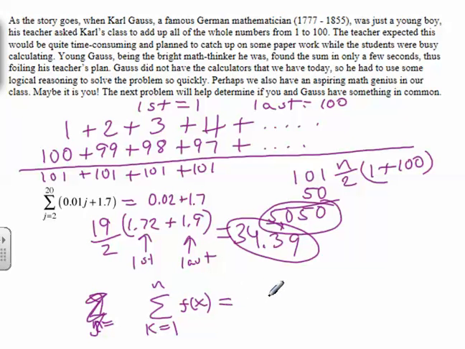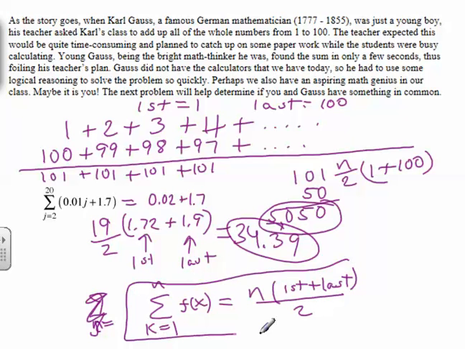It's always going to be the number of terms in the sequence n times our first plus our last divided by 2. And that's the formula for that. There's more formal ways to write that, but I think that's good for now.